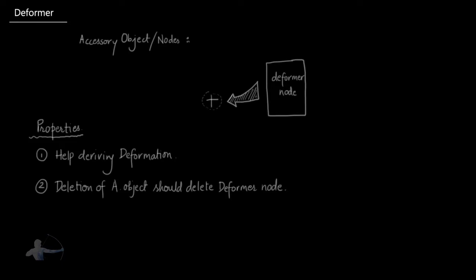So how will we implement these two properties of the accessory node in our deformer? To help derive the deformation, we will use the translation of the accessory object and use that in our deformation algorithm.